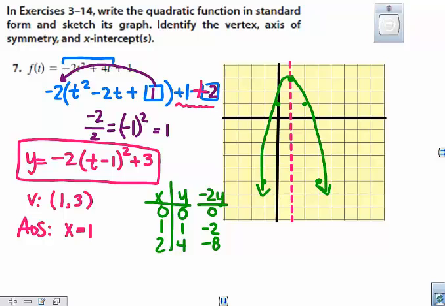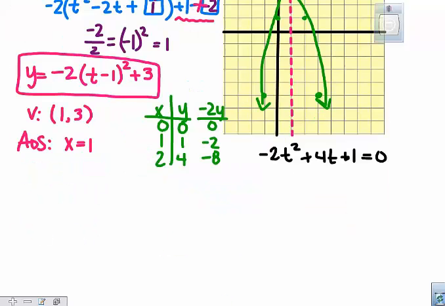The last part also asks for your x-intercepts. So remember, to get your x-intercepts, you take your original function in standard form, set it equal to 0, and solve. In this case we're solving for t. If you cannot factor, which in this case this cannot be factored, then you have to use the quadratic formula, which we talked about in class.